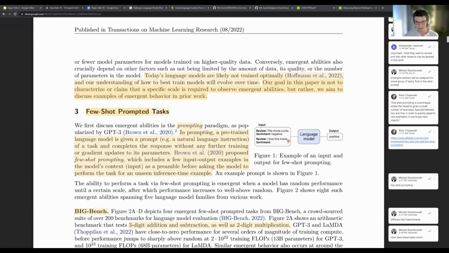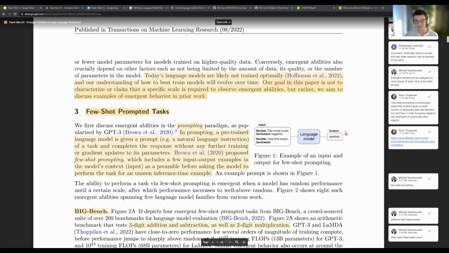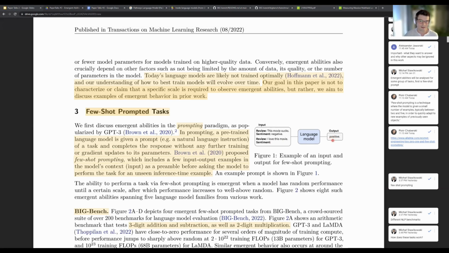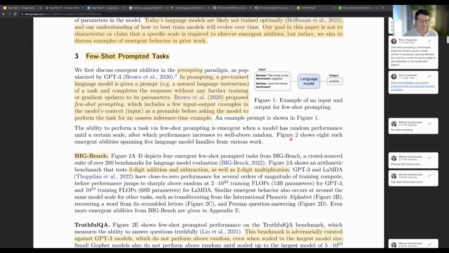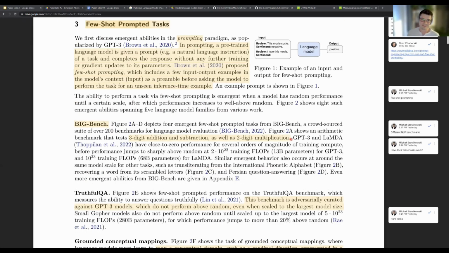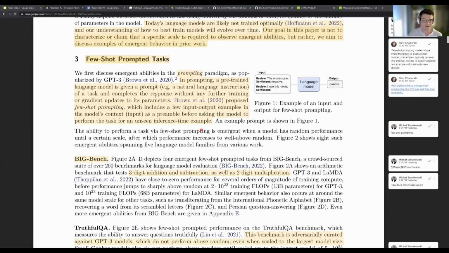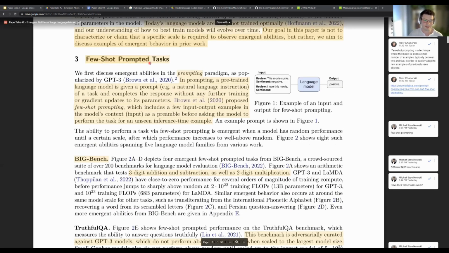So, I love this movie. We are inputting these two examples, and the model is outputting positive. So yes, the truth for I love this movie is actually positive sentiment. And there are a lot of different tasks that we can perform based on that few-shot prompted paradigm.